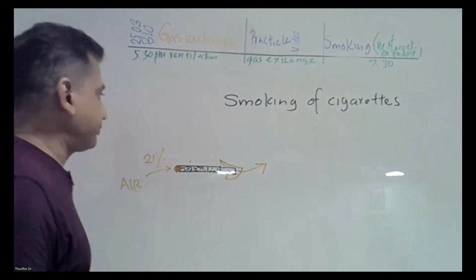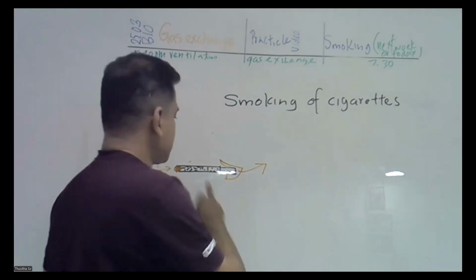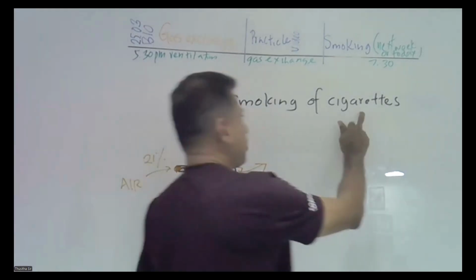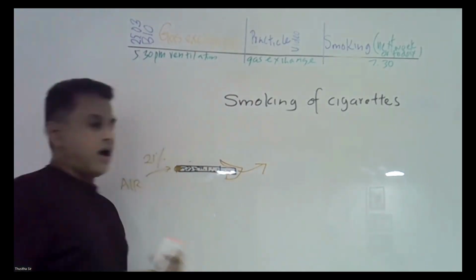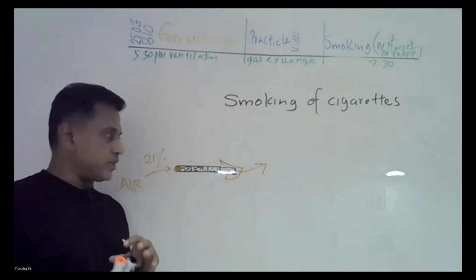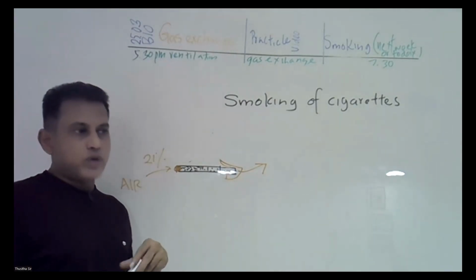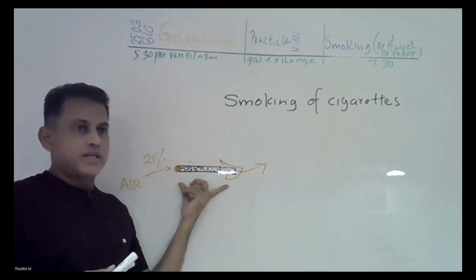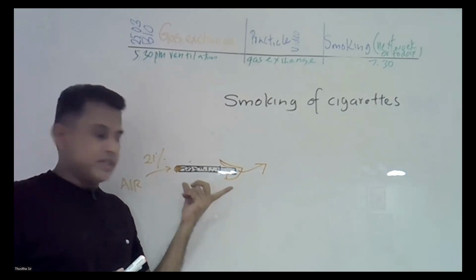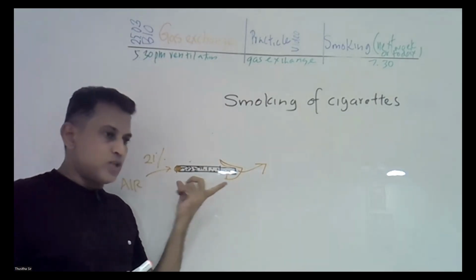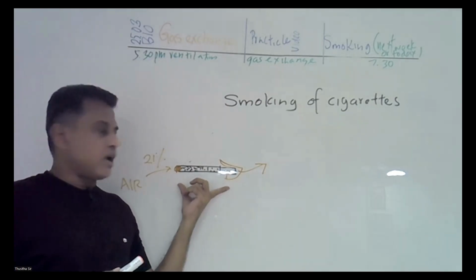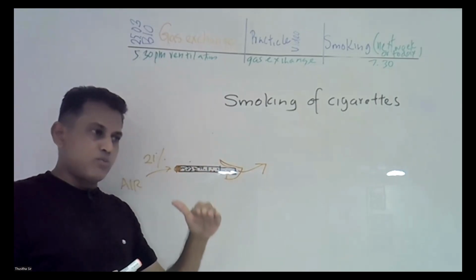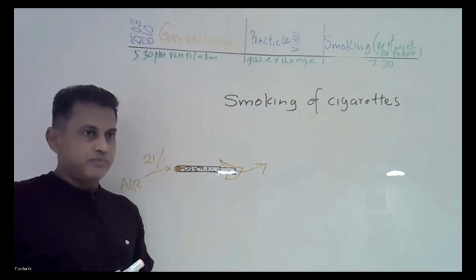This kind of habit, smoking cigarettes, is reducing now, because one good thing is awareness and education. That means many people are learning the bad effects of cigarettes. This education and awareness actually help to reduce smoking in the world.